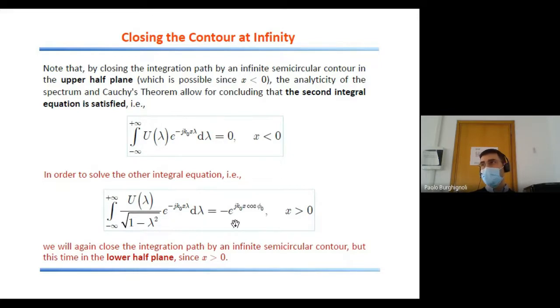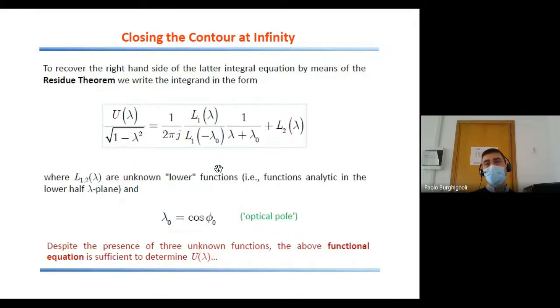If you think a moment, you just need a pole at minus lambda 0, where lambda 0 is equal to the cosine of phi. And this is introduced by this ratio with lambda plus lambda 0. Then also an arbitrary numerator, as long as the function is analytic. There is an important constant here, so that the residue theorem together with this divided by 2 pi j will give you the correct value.